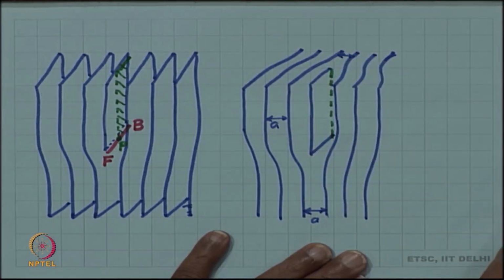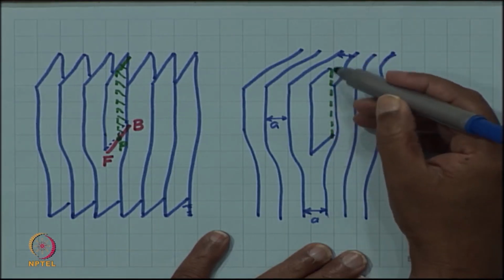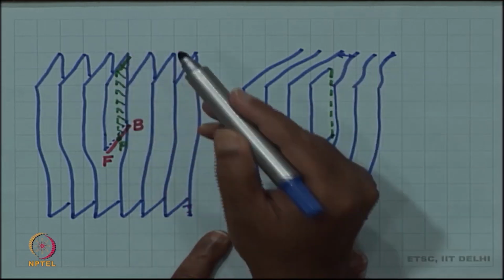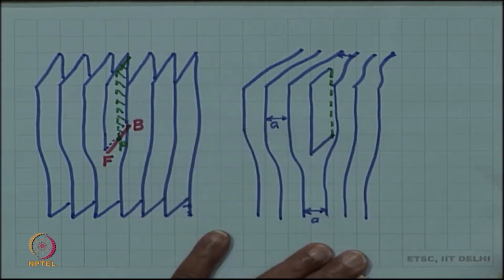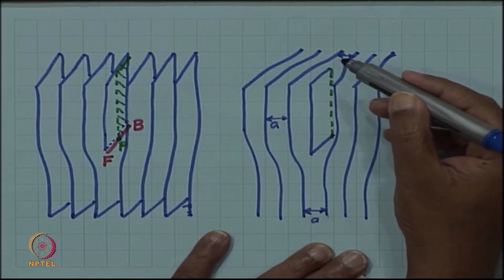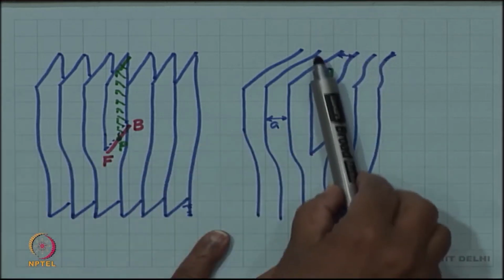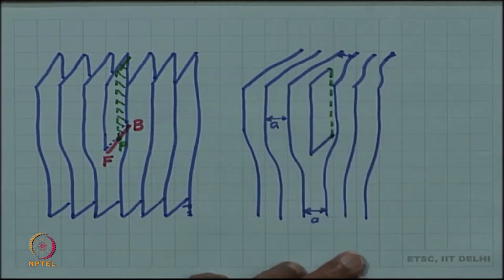This does not become twice 2A, but remains A. So, you can see then that this green dashed line, which was the cut line for the half plane in this figure, now becomes like a dislocation line which is oriented in the vertical direction and is coming out of the top face.